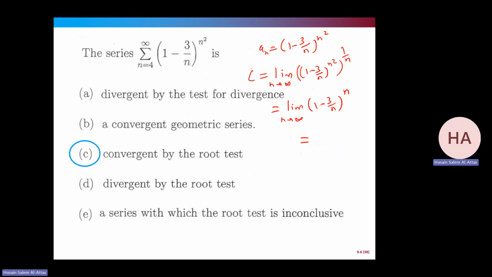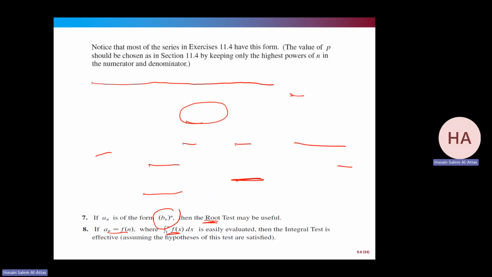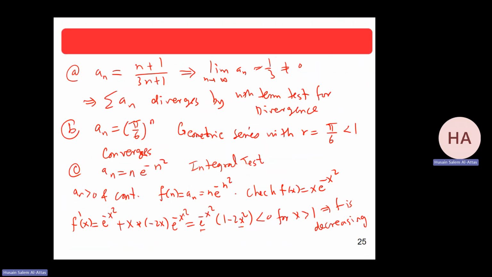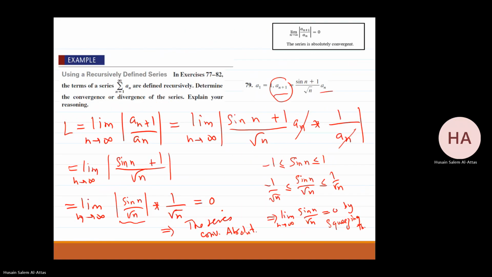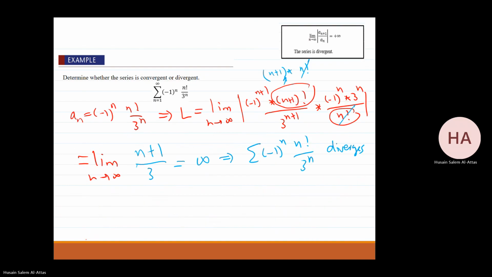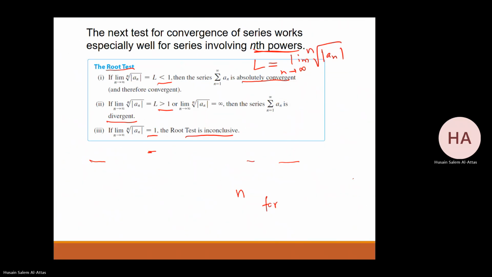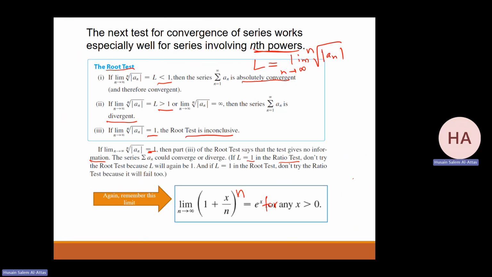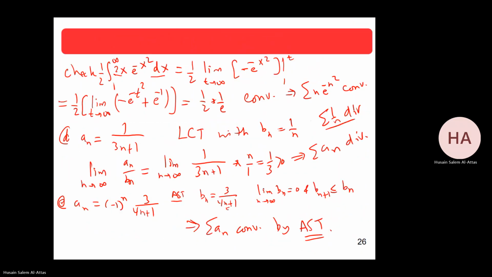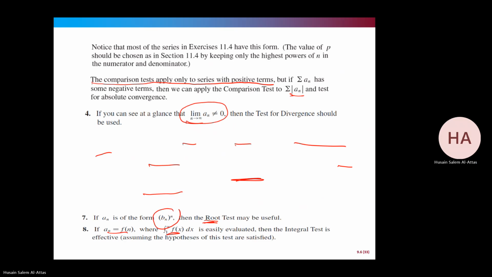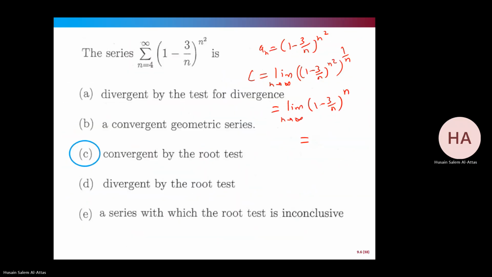And if you apply the limits which we discussed before, it will be e to the power x. We know what this is. This is e to the power minus 3, which is 1 over e cubed, which is less than 1. So it's convergent by the root test.